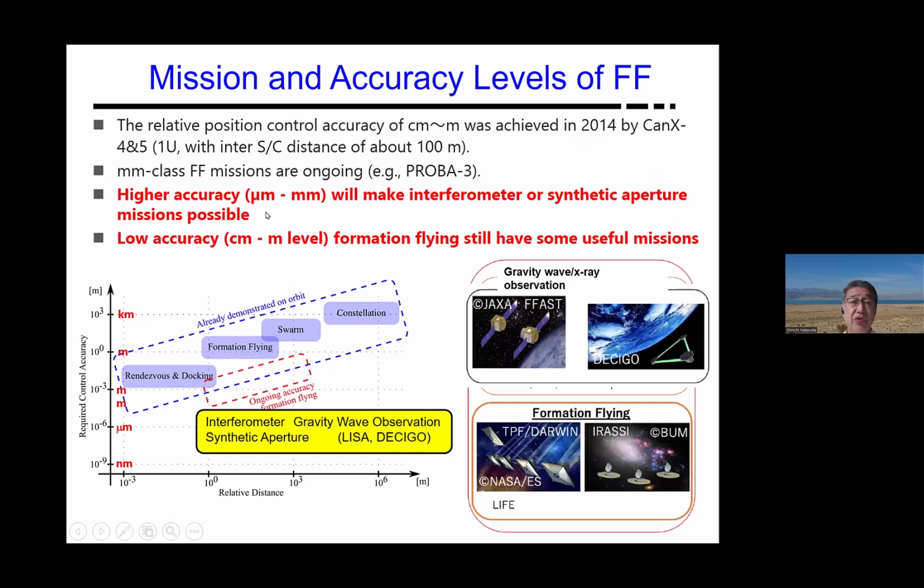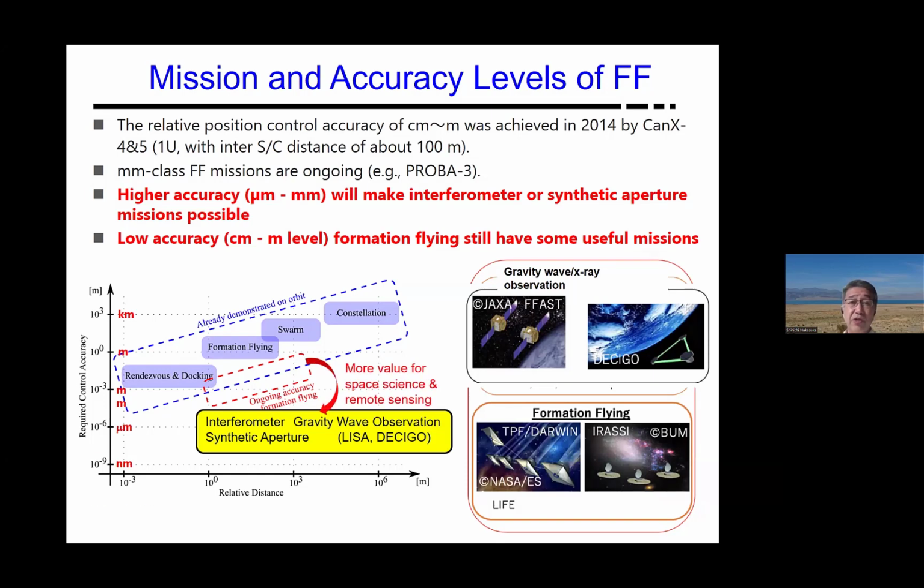But high accuracy, like micrometer to millimeter level, will make interferometer or synthetic aperture missions possible. But still, low accuracy, like centimeter to meter level formation flying, has some useful missions. So please consider at what accuracy level you can obtain what kind of missions.